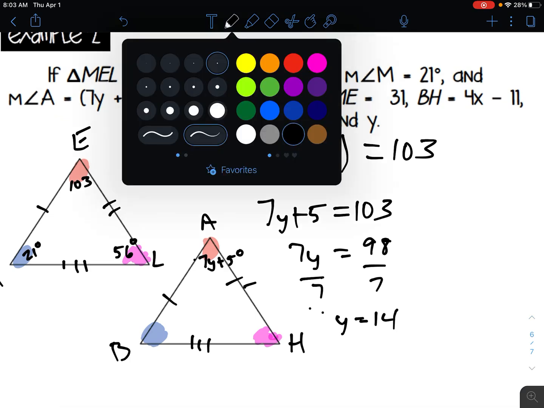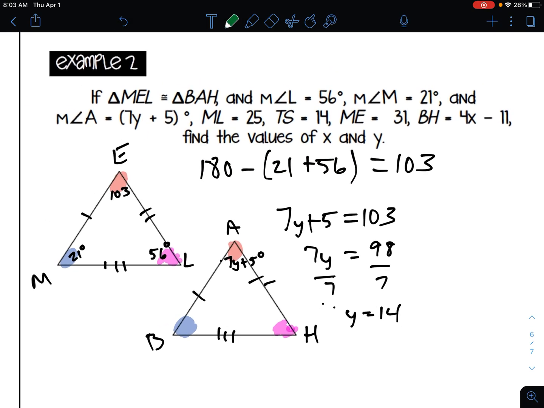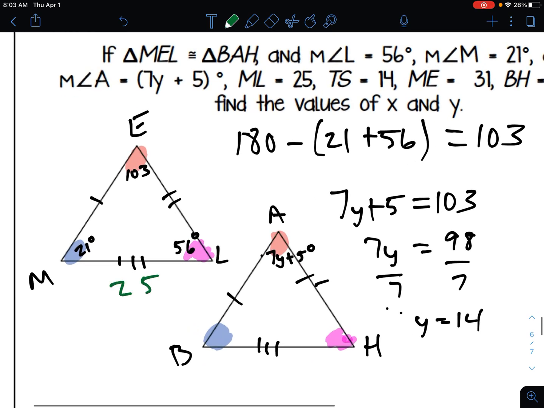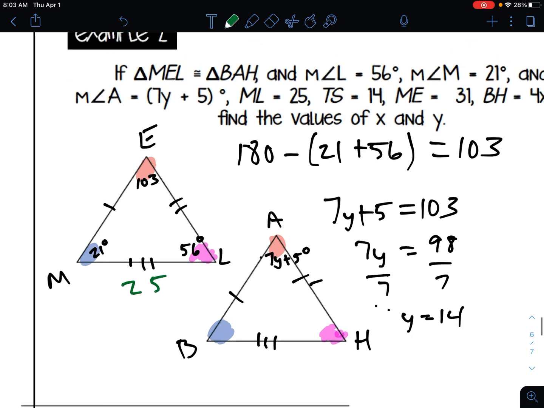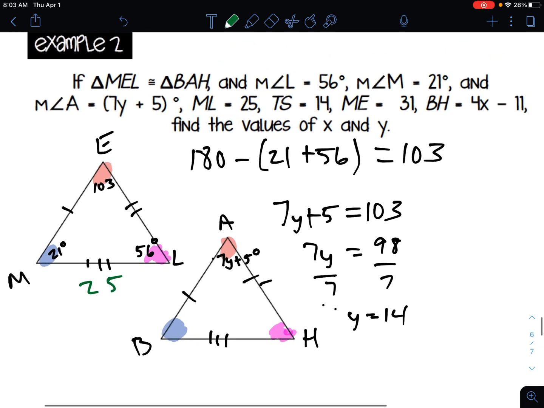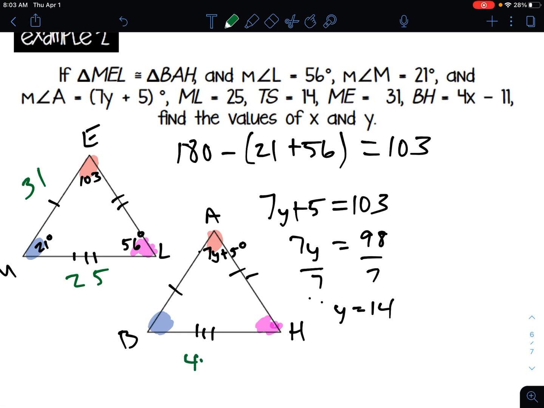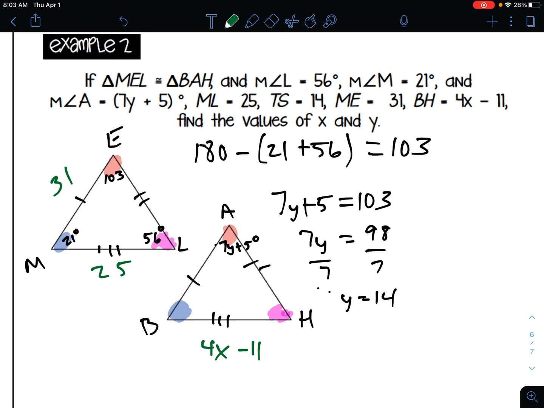All right, now let's do the side lengths. We'll use green for this one. Right, it gives us ML is 25. Gives us TS. Uh-oh, I'm going to have an issue here. ME is 31. BH is 4x minus 11.